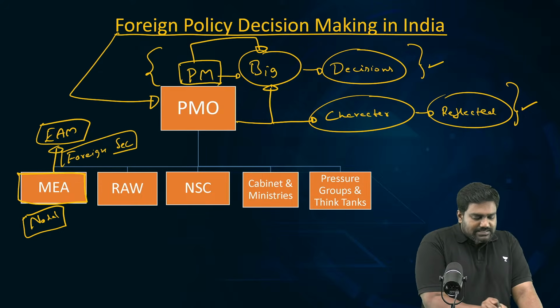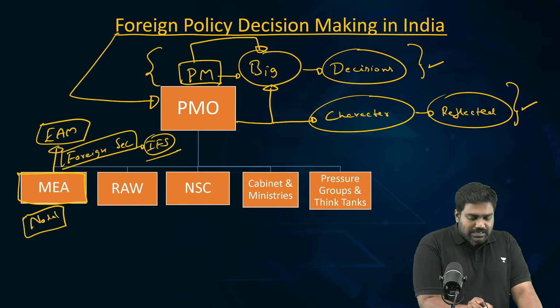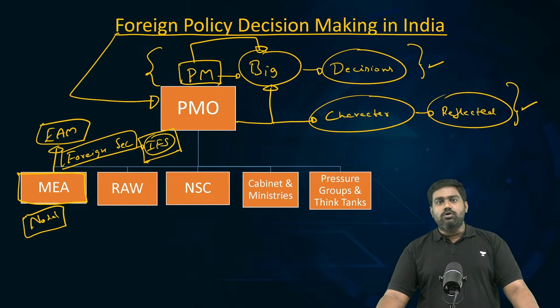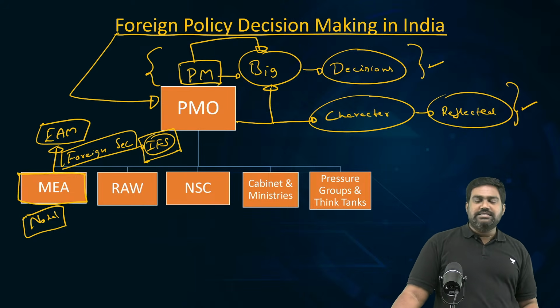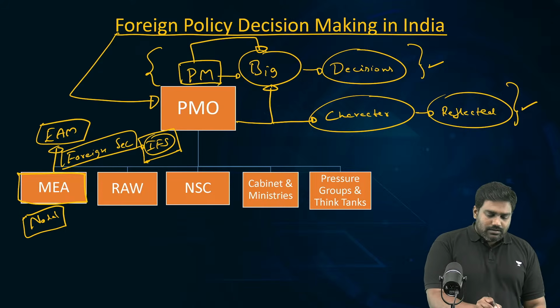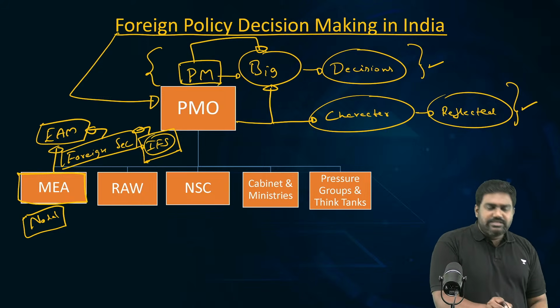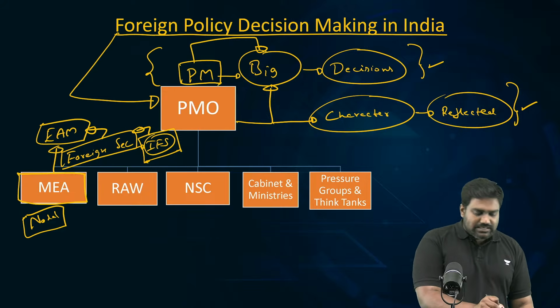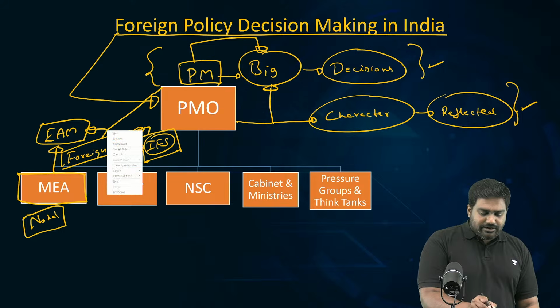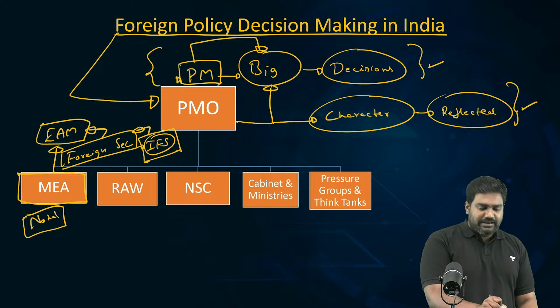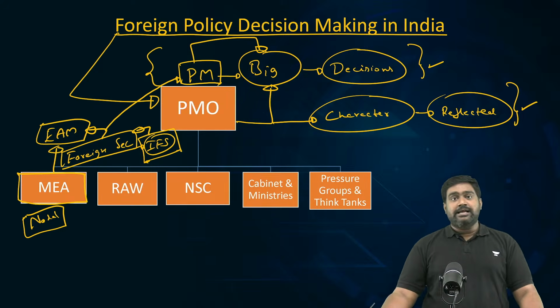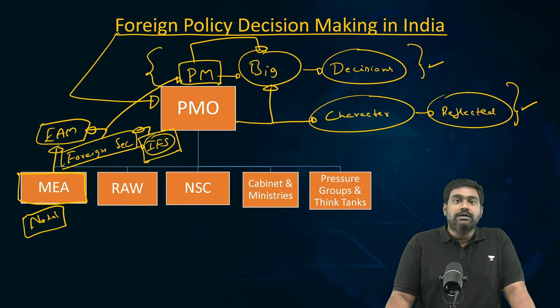The foreign secretary is the highest ranking IFS officer, the senior most in the IFS cadre. The foreign secretary guides and advises the external affairs minister, and if required, will even advise the prime minister. The foreign secretary can have direct access to the PM when required.